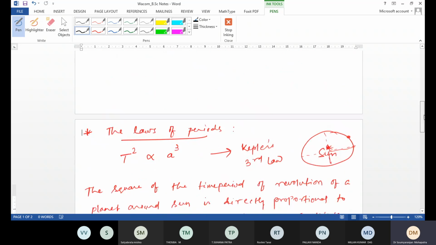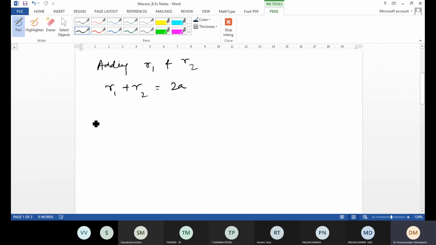Now just do the simple addition. On adding, you'll get L by 1 plus E plus L by 1 minus E is equal to 2A. If you solve it, you will get A is equal to L by 1 minus E square.